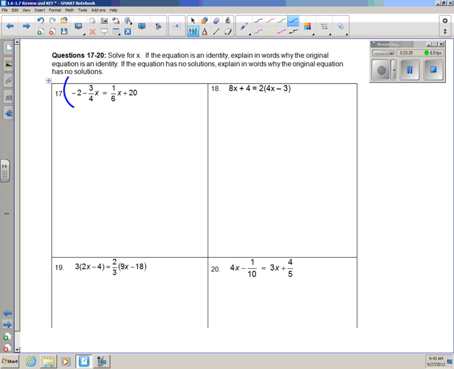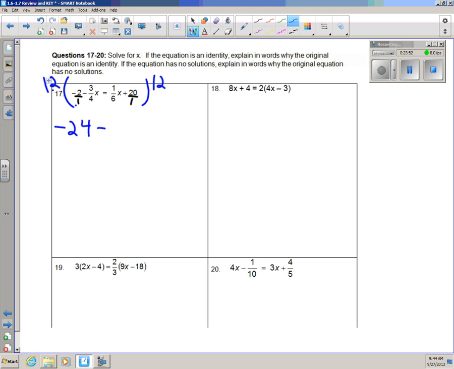Between a 4 and a 6, I can get rid of those if I multiply everything through by a common denominator. 4 and 6 both go into 12. They both go into 24. 12 is the smallest value, so I'm going to go for the 12, and I'm going to do math. 12 divided by 1 is 12 times negative 2 is negative 24.